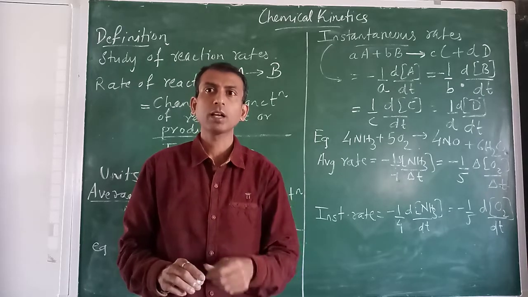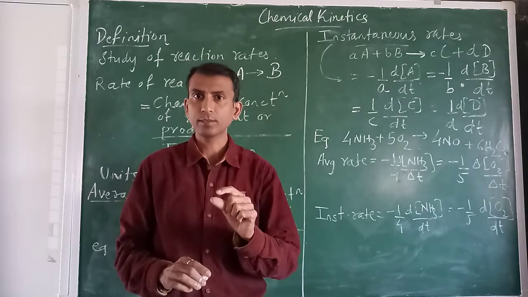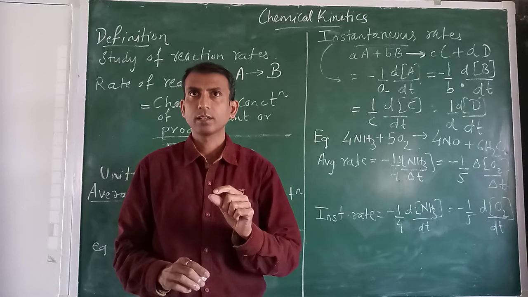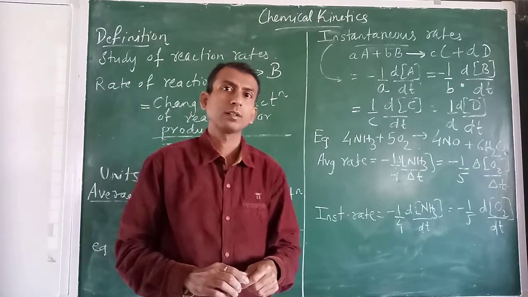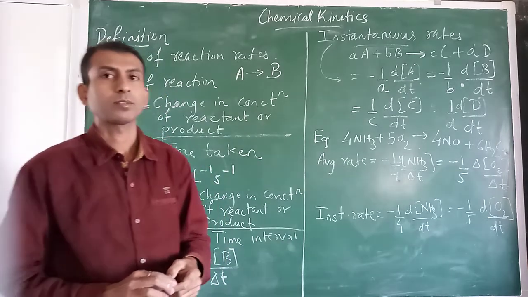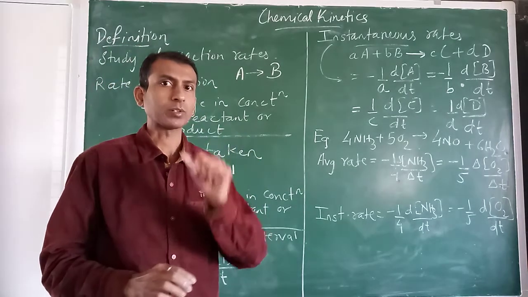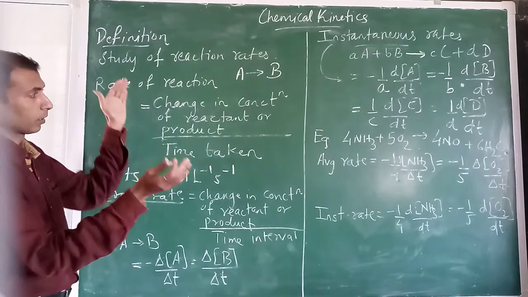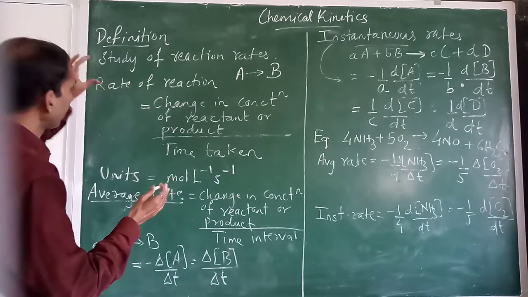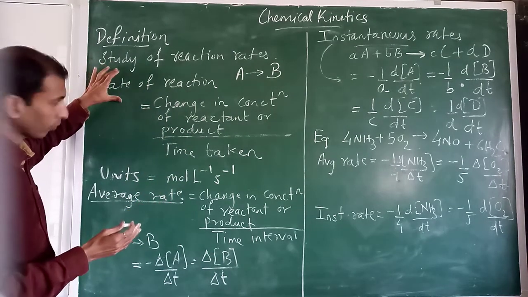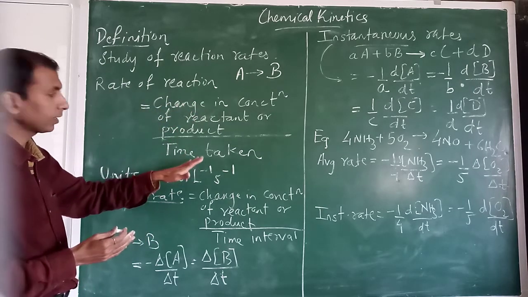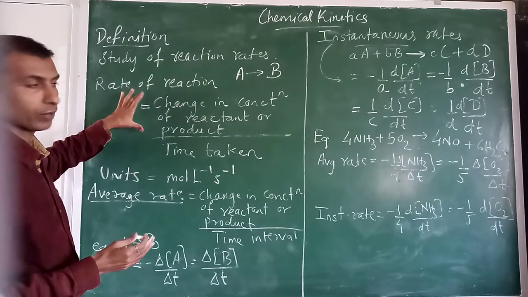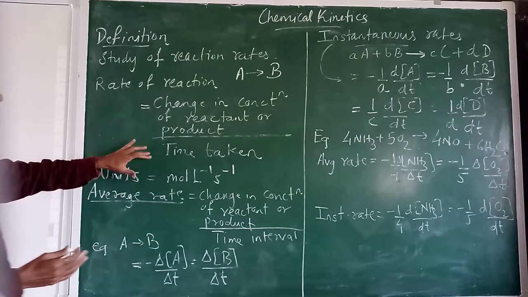Feasible means possible, and if the reaction is feasible, that means if the reactants are going to give product, then how much time it will take for the reaction to go to completion. Combining these two terms, we get the equation for rate of reaction, that is change in the concentration of the reactants or product divided by time taken. So these two factors are very important: concentration and time.